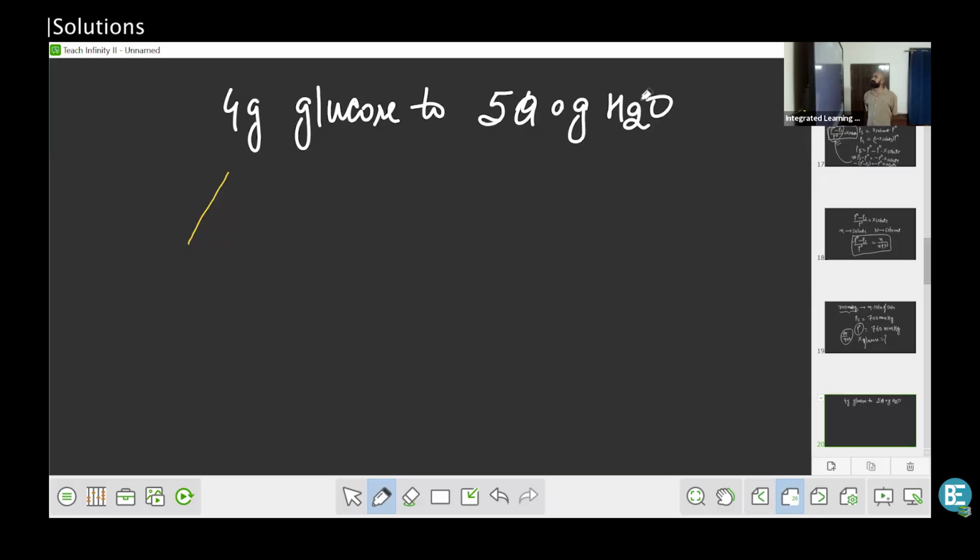Calculate the relative lowering of vapor pressure when 4 gram of glucose is added to 500 gram of water. Would you try it, or should I solve this first? So can we try? Yeah, sure.